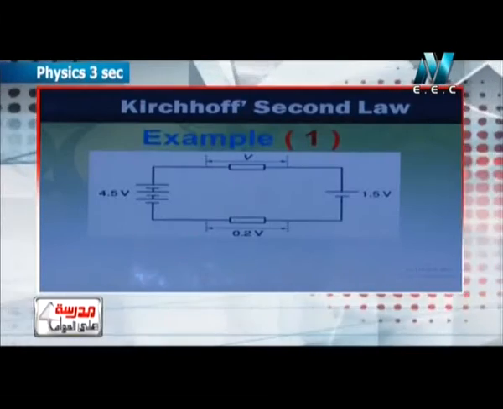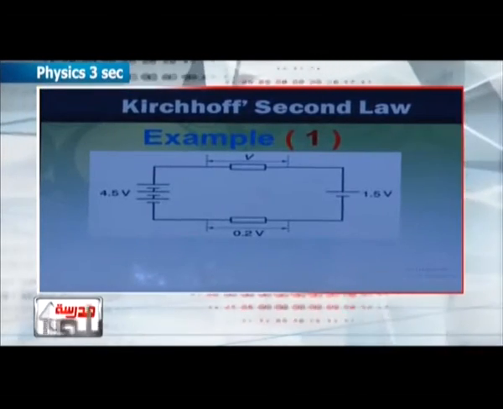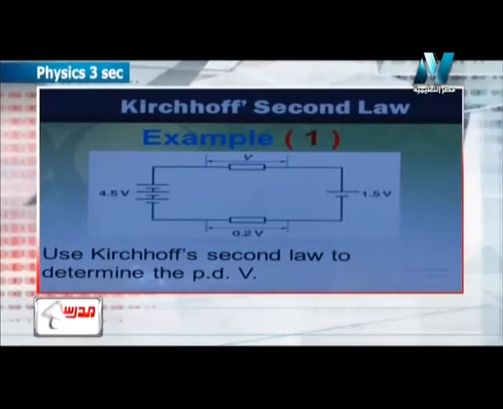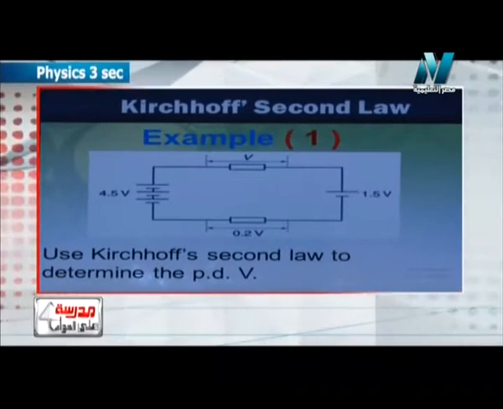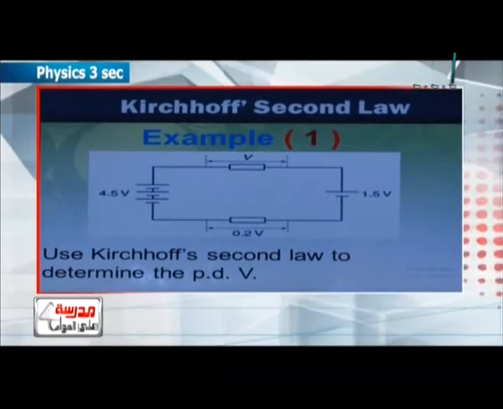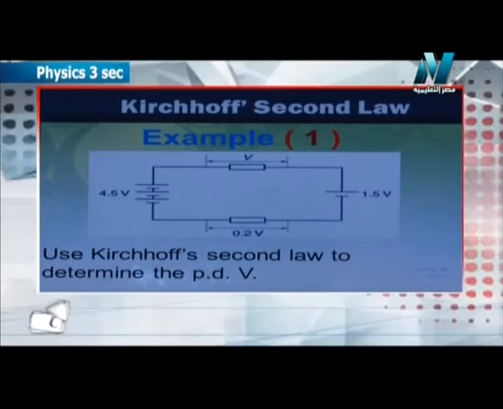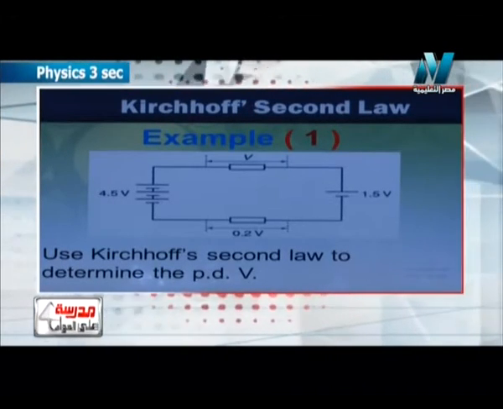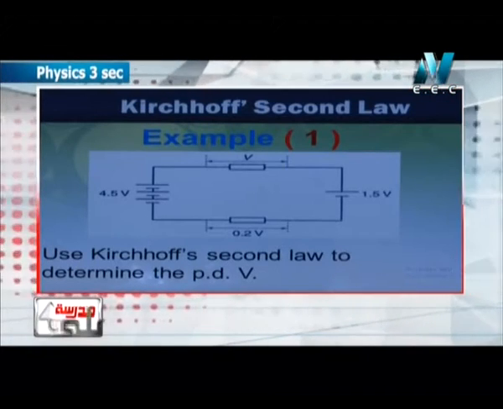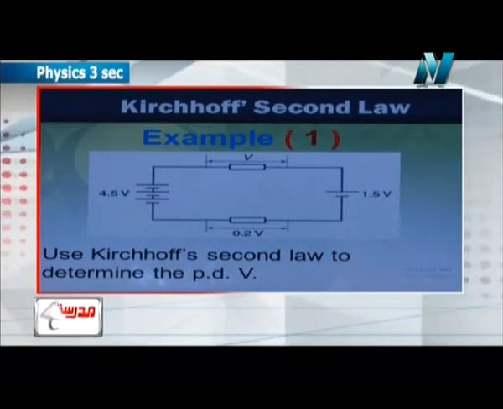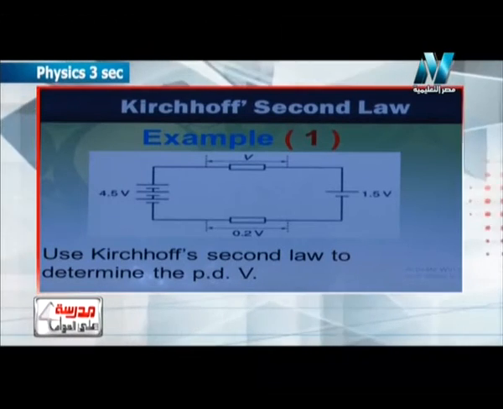Kirchhoff's second law. Example number 1. Look at the figure first. Our circuit consists of, as shown, how many batteries? 2 batteries. The battery to the right, 1.5 volt. What about the battery to the left? 4.5 volt. How many resistances? 2 resistances.